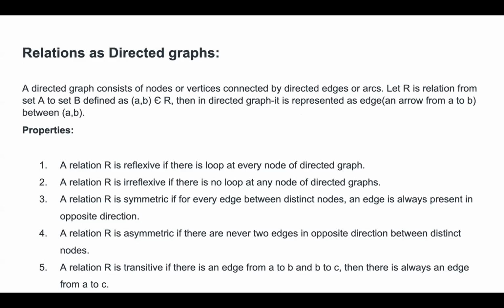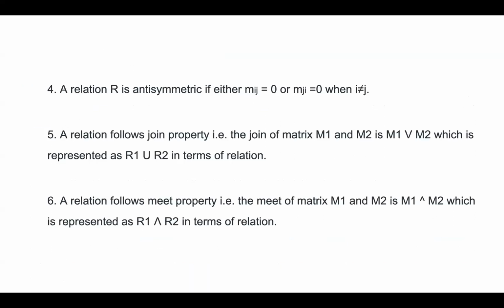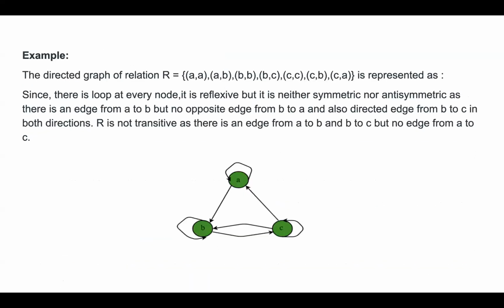Okay. Then what are the properties of relations regarding directed graphs? Relation R is reflexive if there is a loop at every node of directed graph. Okay. Now, here in this diagram, we can see A, here it is a self loop. B is also having self loop, and C is also having self loop. Okay.